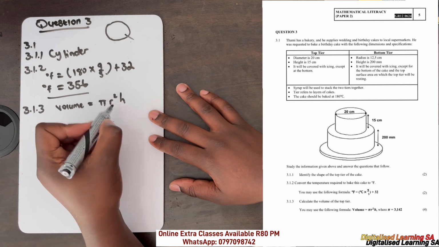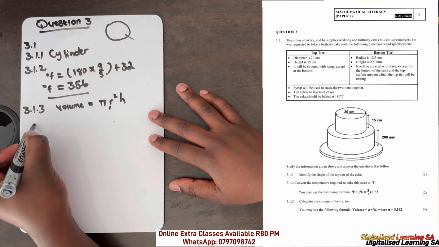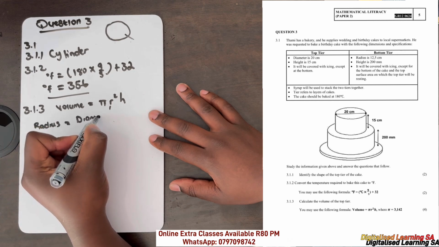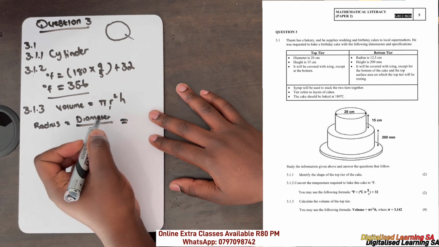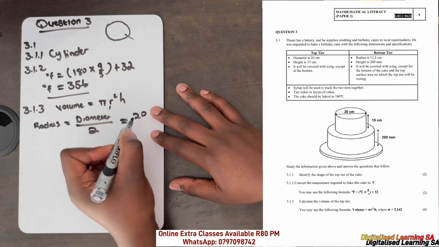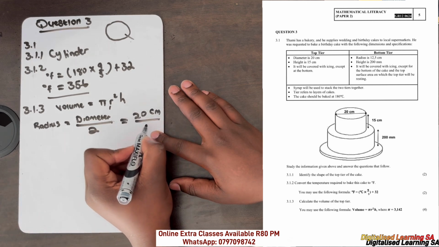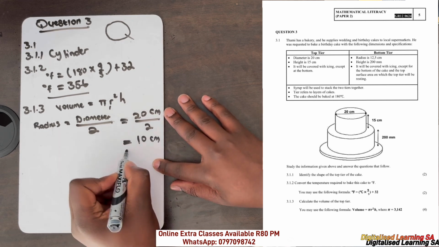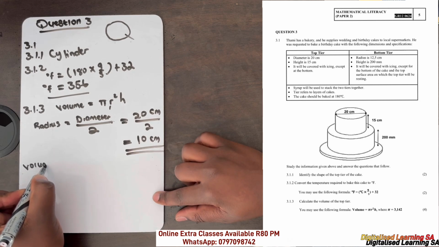In this case we are not given the radius, but we are given the diameter, and we know that radius equals diameter divided by 2. Our diameter was 20 centimeters, so our radius will be 20 divided by 2, which equals 10 centimeters.